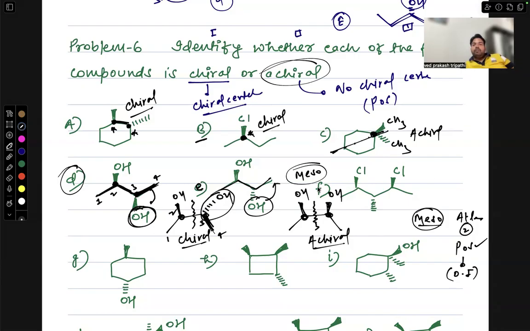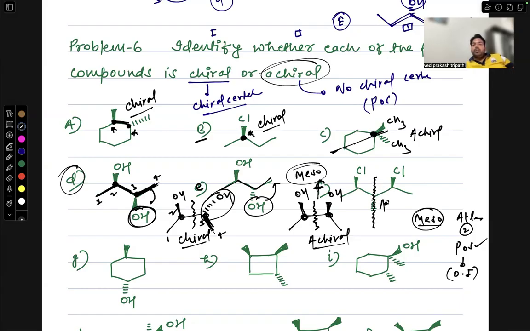Okay, what about F? Let me know F. Any plane of symmetry? Plane of symmetry means which can cut the molecule into equal halves. Yes, look at this. So left and right are exactly the same.